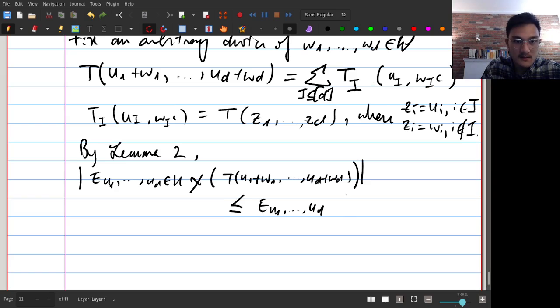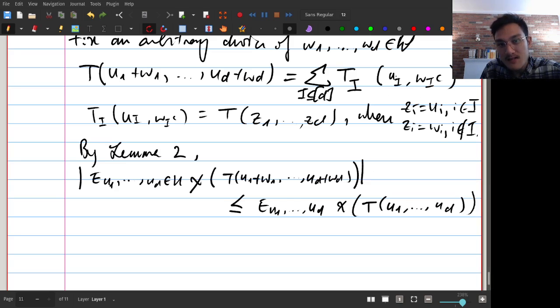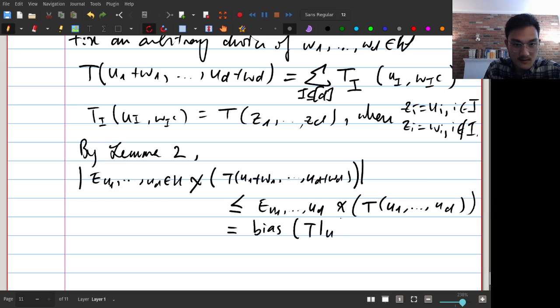So the top tensor, the order D tensor here, which is just T. So chi of T of U1 up to UD. This is not U1 plus W1, right? It's actually U1 because we don't take the W's at all. Okay, and this is just equal to the bias, and that's how we managed to restrict it to a subspace. So the bias of T restricted to U.